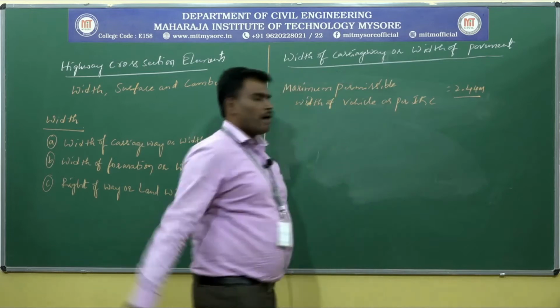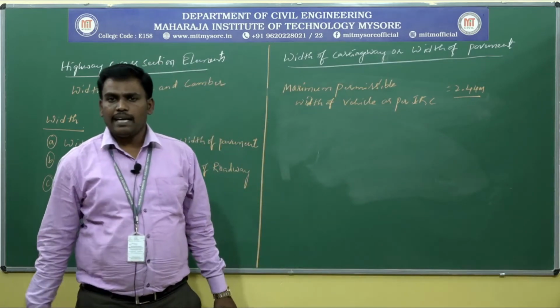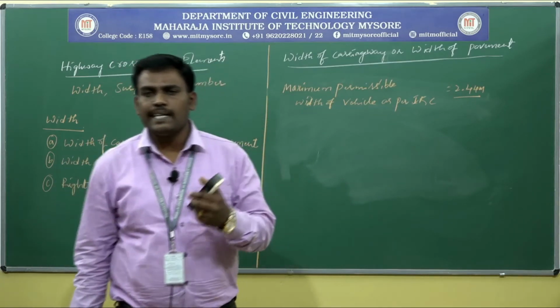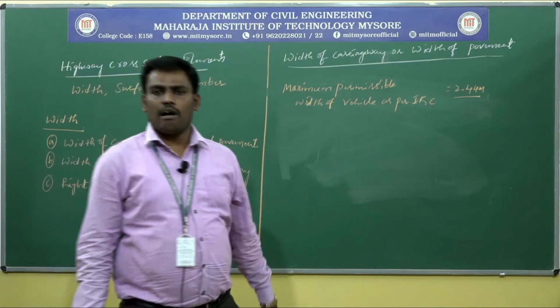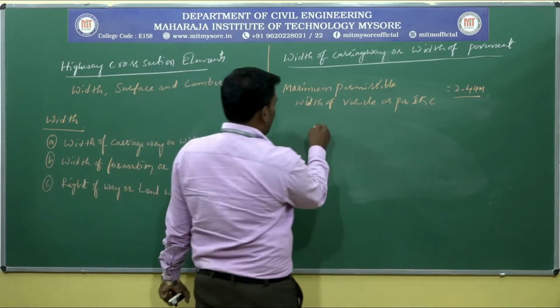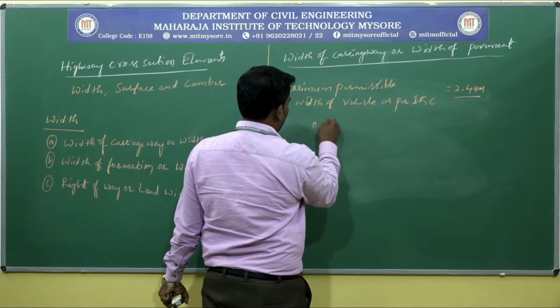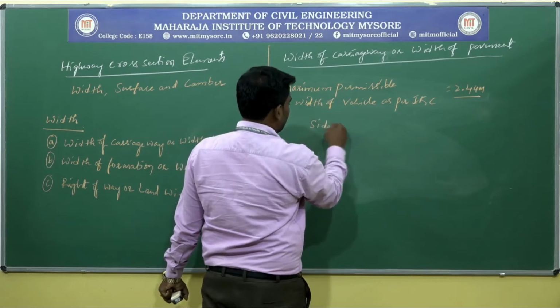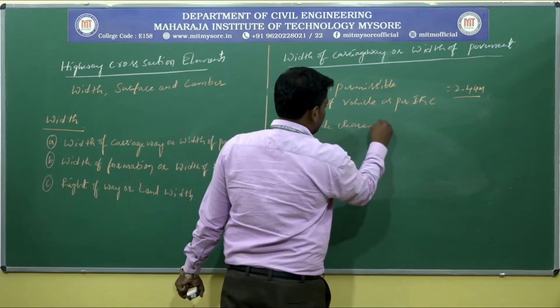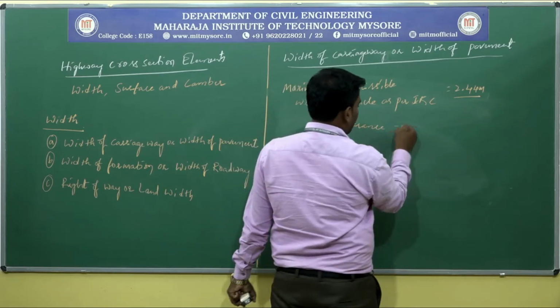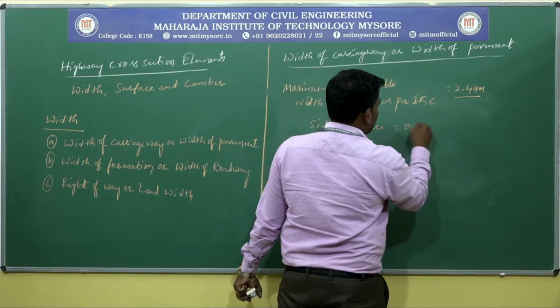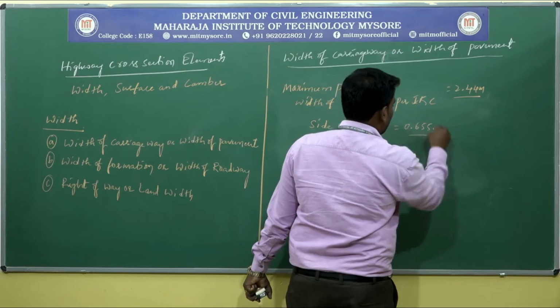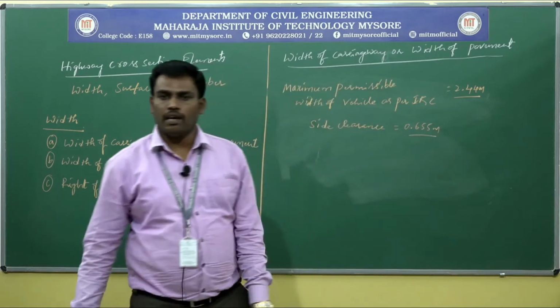It is 2.44 meter, and the desirable minimum side clearance for single lane traffic is about 0.655 meter on either side. This is for single lane traffic.